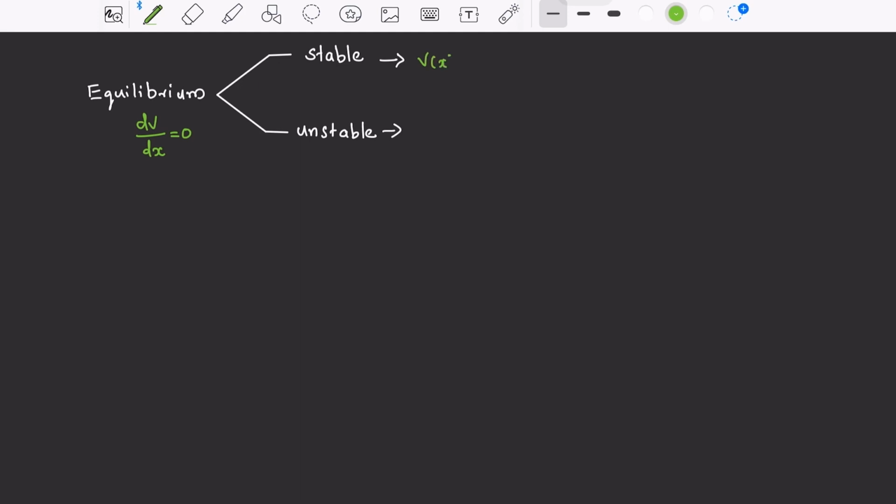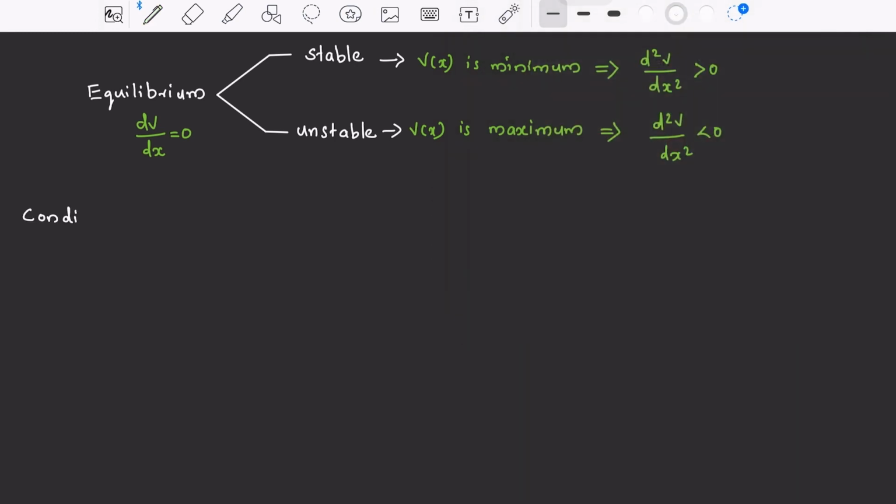That is, for stable equilibrium, V of x is minimum, which we can represent mathematically as the second derivative of the potential being greater than 0. Whereas unstable equilibrium means V of x is maximum or d square V by dx square less than 0. Now the oscillations are possible if the equilibrium point is a stable equilibrium point.